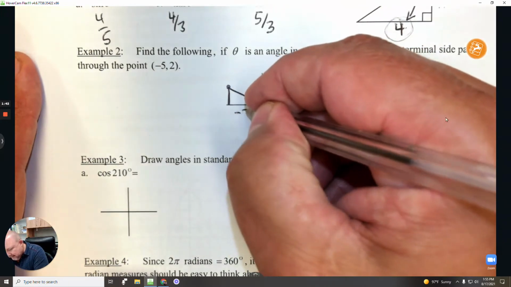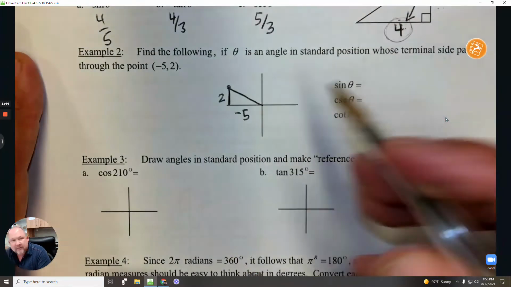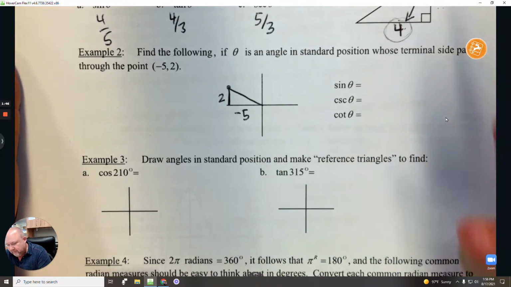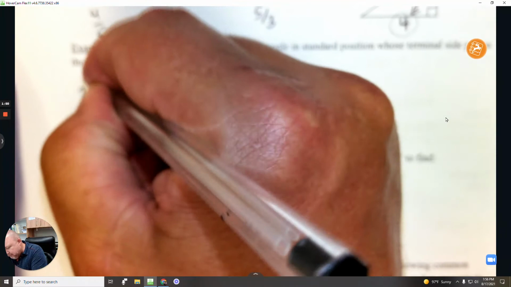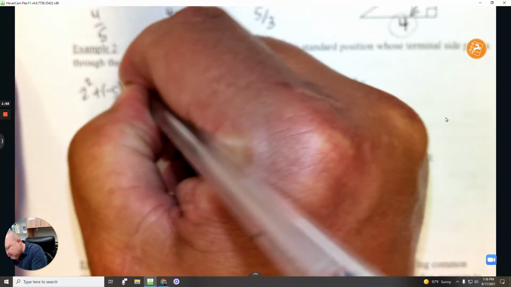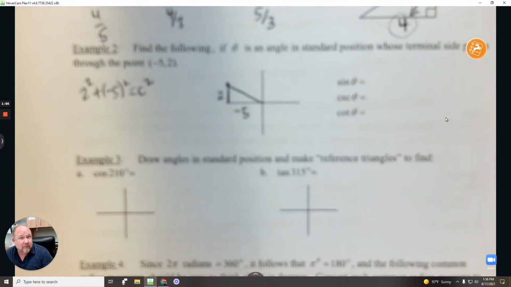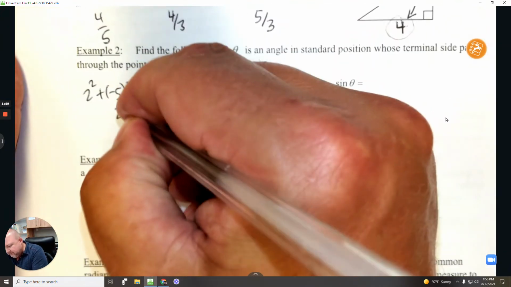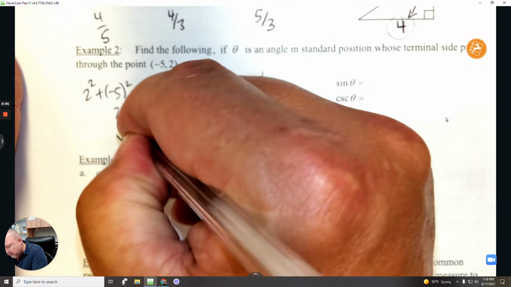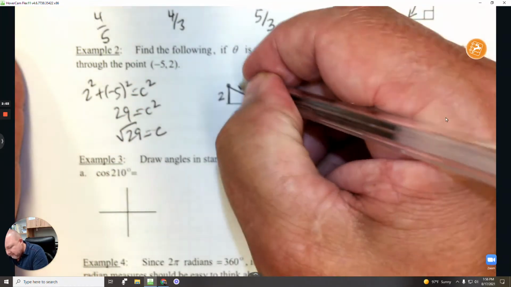So this is -5, this is 2. So we actually have to find this missing side. If you like, it is a squared plus b squared equals c squared, and then we're going to solve for the hypotenuse. So that's 4 and 25, and then that's the square root of 29 to finish it off.